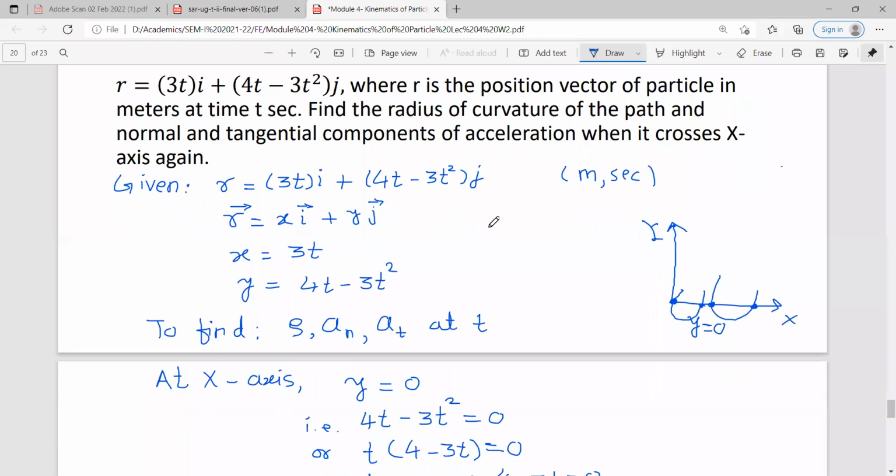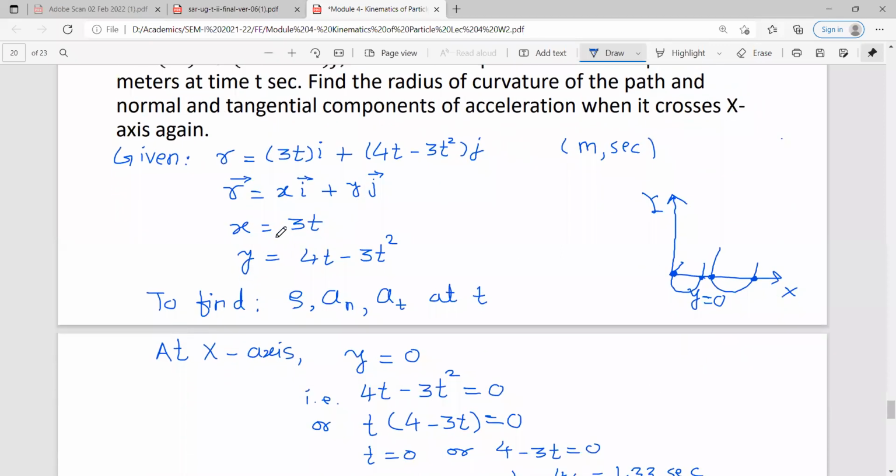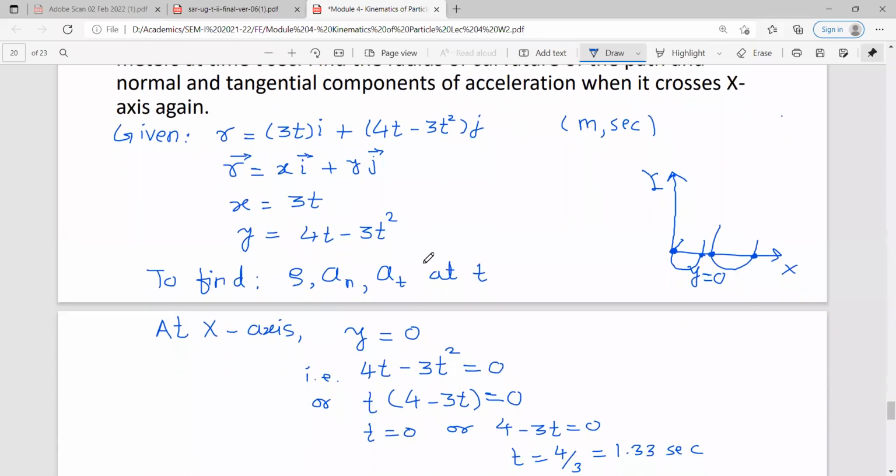Okay, so initially it started when the particle is on the x-axis, it means what? It means y coordinate is 0. What is its y coordinate? 0. So I put that condition here: at x-axis, y equal to 0, and the value of y is given here, 4t minus 3t square.